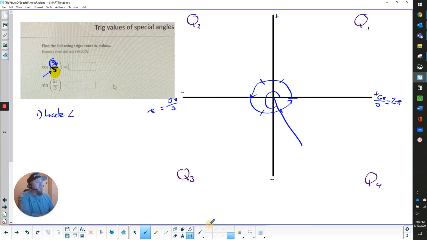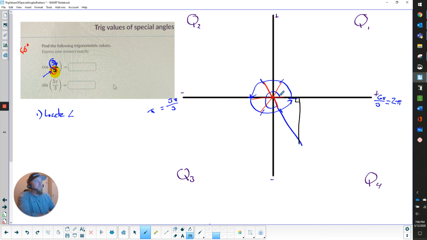Okay? So what I like to do once I find the terminal edge is connect every line to the x-axis. Never the y-axis, always the x-axis. Now, as you're doing this, you're probably realizing pi thirds. I get that it's pi thirds. We're dealing with increments. If we were in degrees, we're at 60 degrees. So 60, 120, 180, 240, 300, 360.